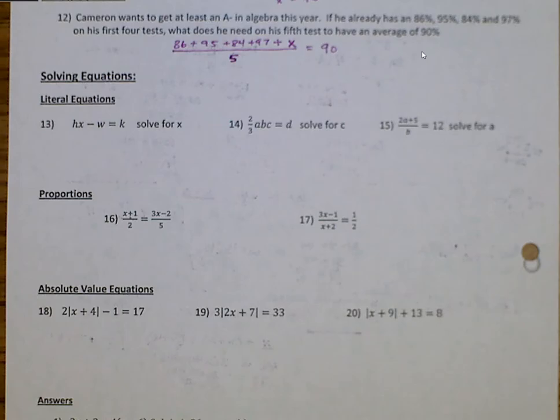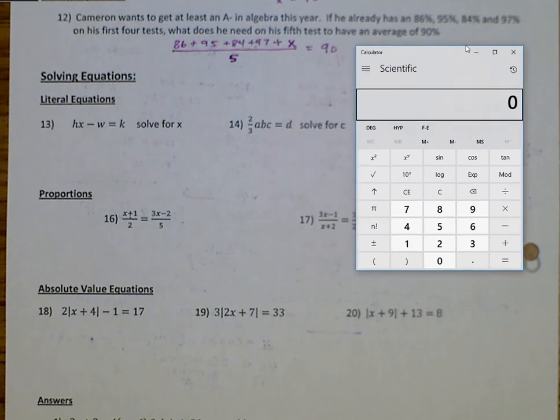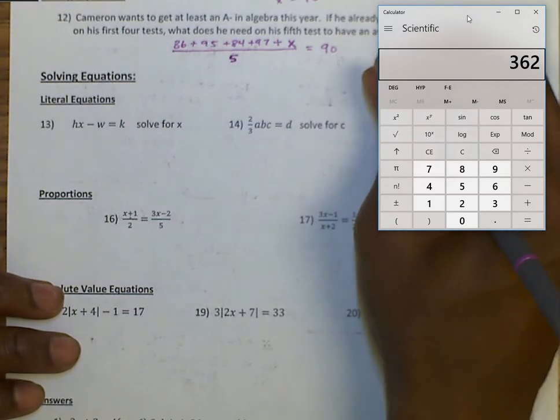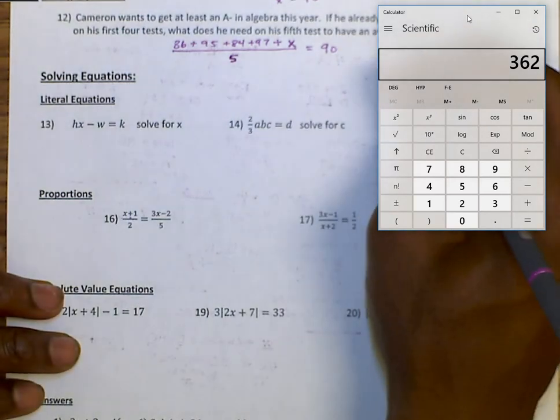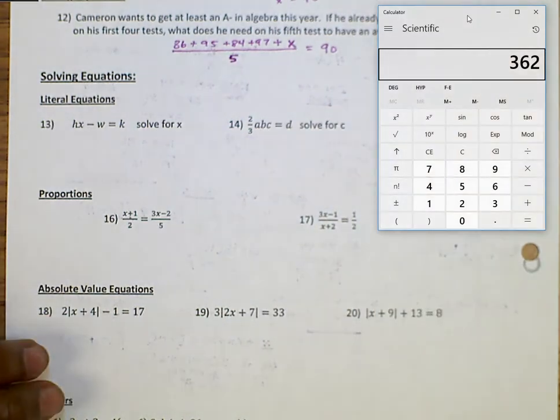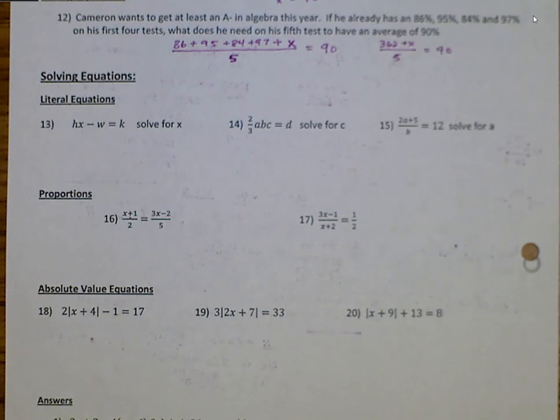Okay, and so what we can do here then is take these numbers, 86 plus 95 plus 84 plus 97, 362. 362 plus x over 5 equals 90.